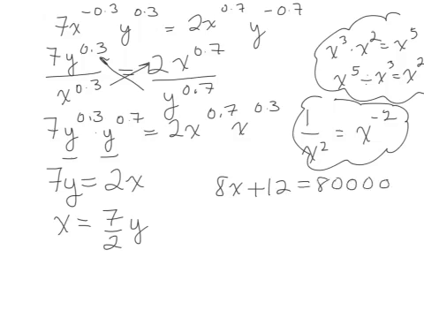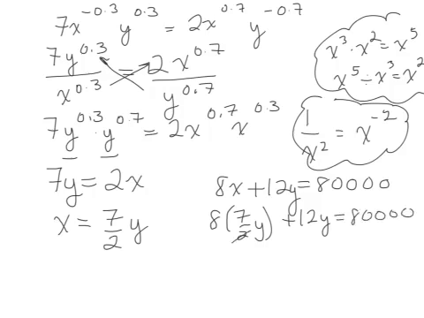Right? That came from our original information with units of capital, units of labor. So 8 times 7/2 y, just replacing the x by 7/2 y, plus 12y equals 80,000.